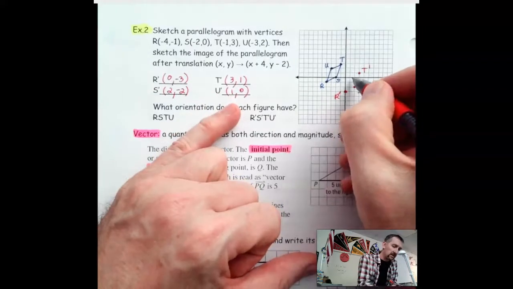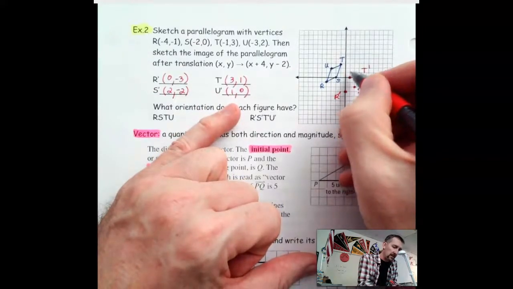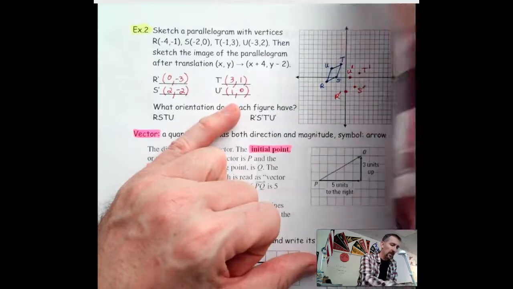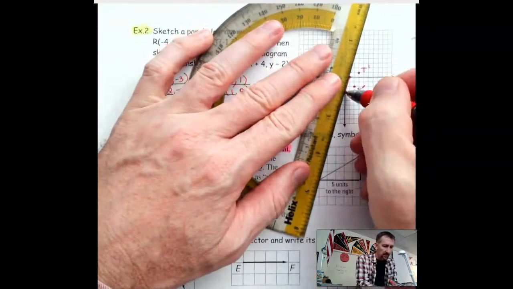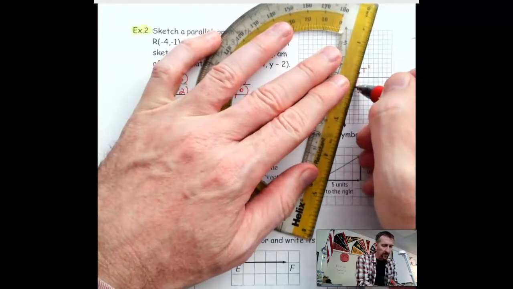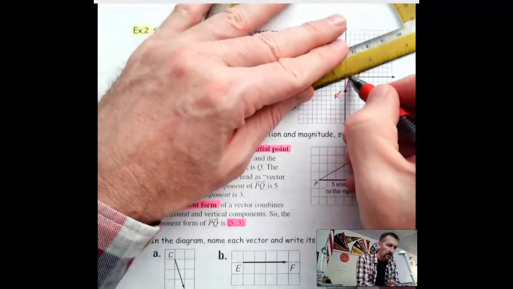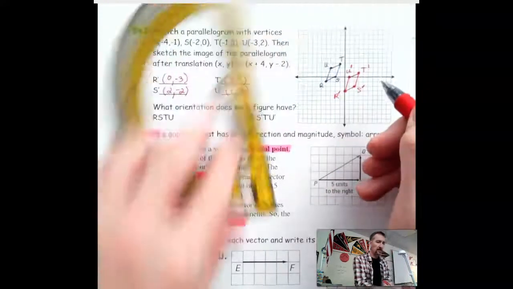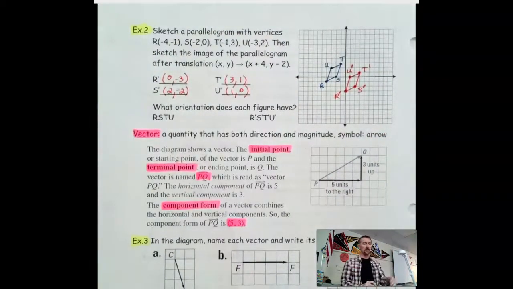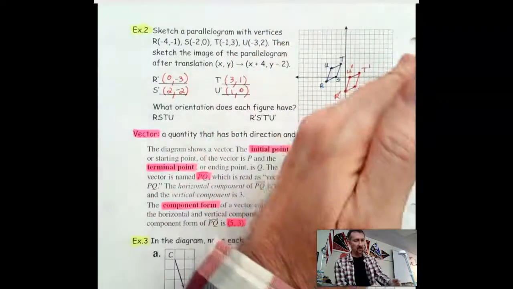And 1, 0, that's going to be U prime. There we go. So you can see it slid down and to the right.